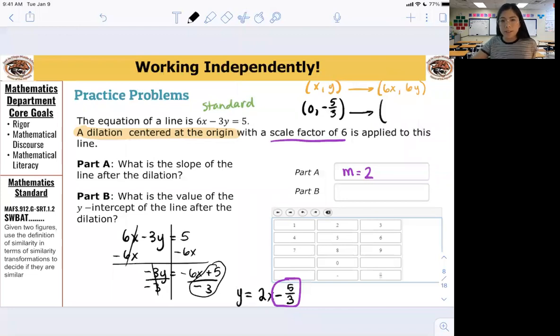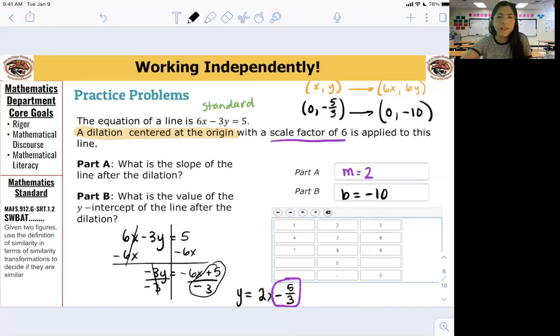0 times 6 is still 0. But what about negative 5 over 3 times 6? Negative 10. Negative 10 is our answer. That is the y-intercept.